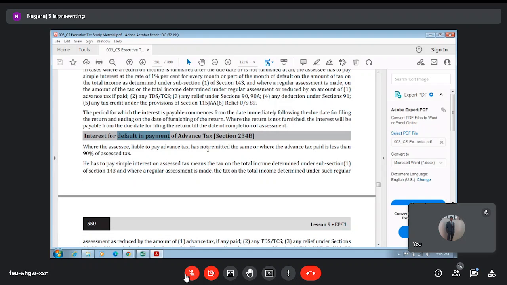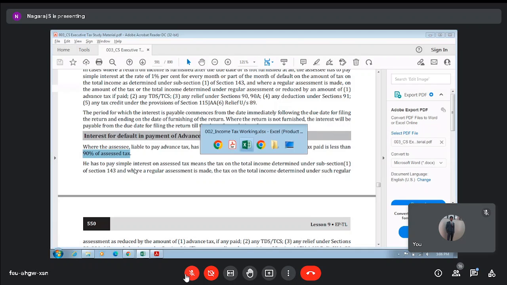I will read it out because you will not understand it otherwise. It is little different from 234A: where the assessee liable to pay advance tax has not remitted it, or when the advance tax paid is less than 90% of the assessed tax.